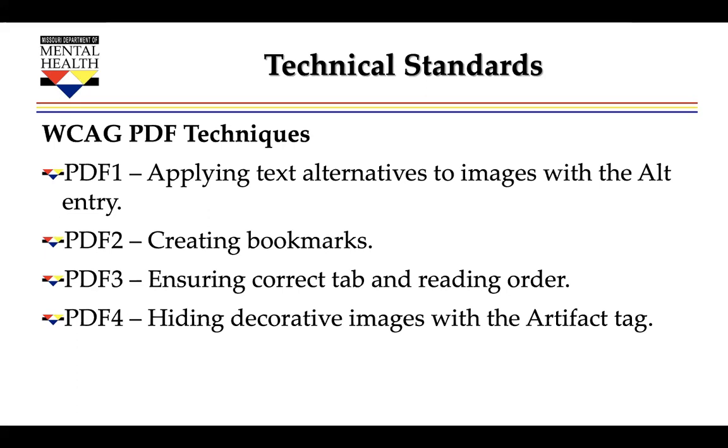When a user without disabilities navigates a document, we might use the table of contents, we might use headings, we might use different ways the information is visually laid out within pages or within the document to help us locate the information we need more quickly, so we don't have to read through the document in a linear way from the first page of the document until we find the information we're looking for.